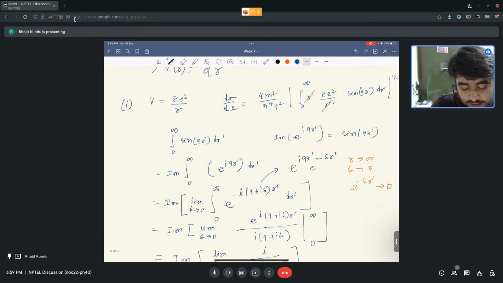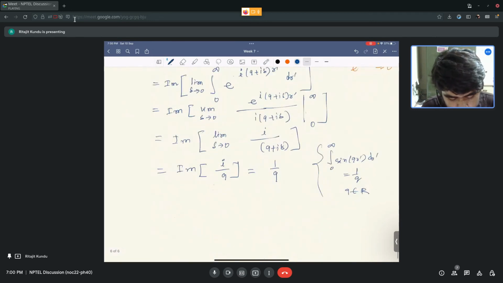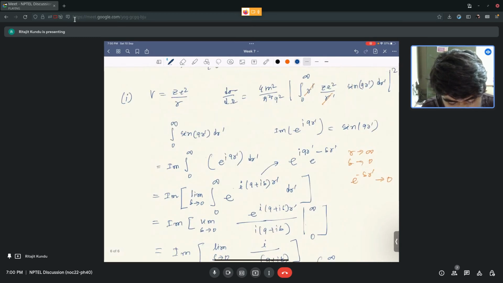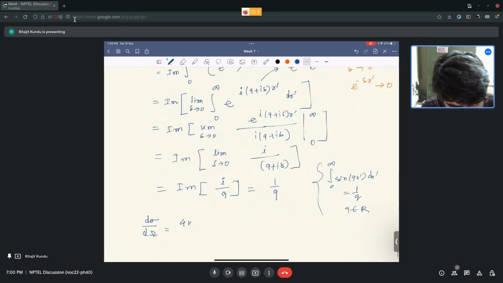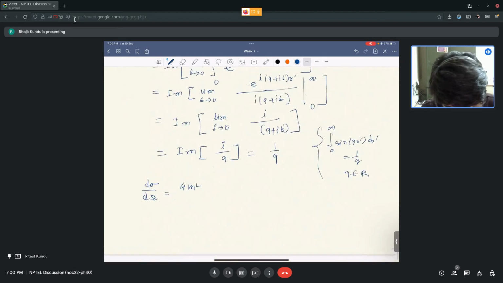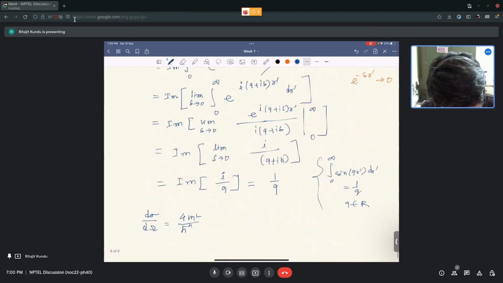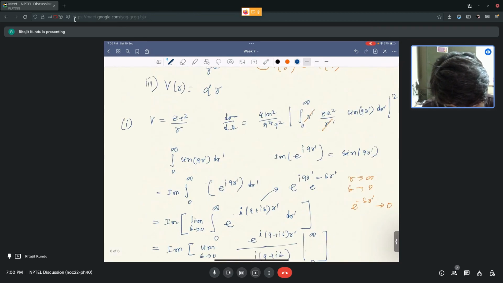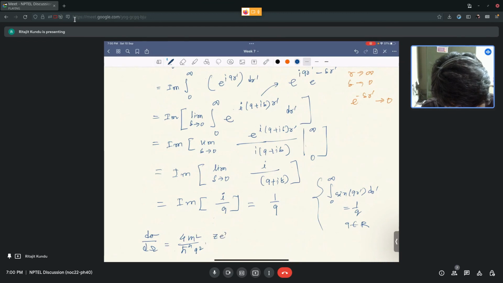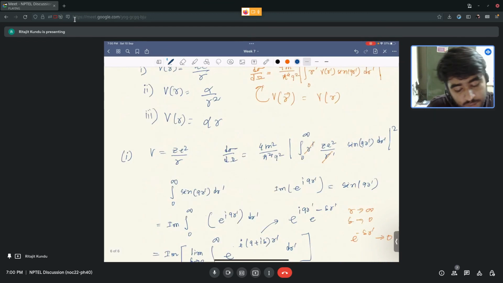Now let's use this result and plug into this equation. So d sigma d omega in this case is given by 4 m square by h bar to the power 4, and there will be some other constants, z e square, and q square. Because this is a mod square sitting here, this integration we're writing as 1 by q square, right?